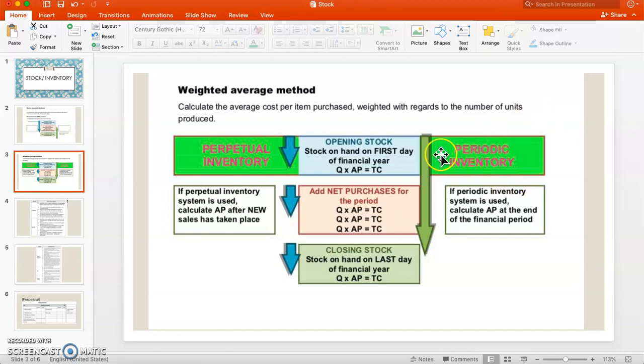Just very quickly, when we use perpetual inventory for the weighted average method, we calculate the new average price after new sales. If we use periodic, it is at the end of the financial period. And this diagram also really summarizes how to calculate total cost.